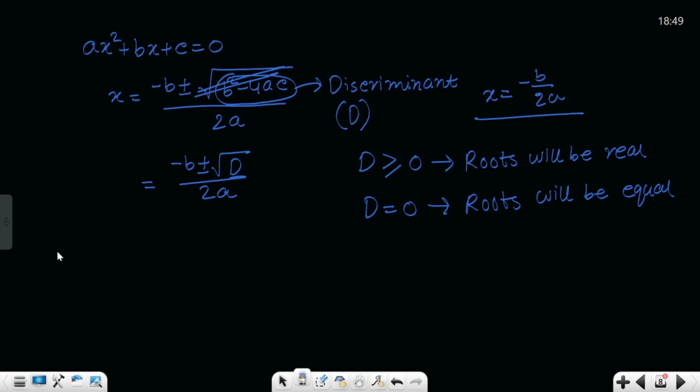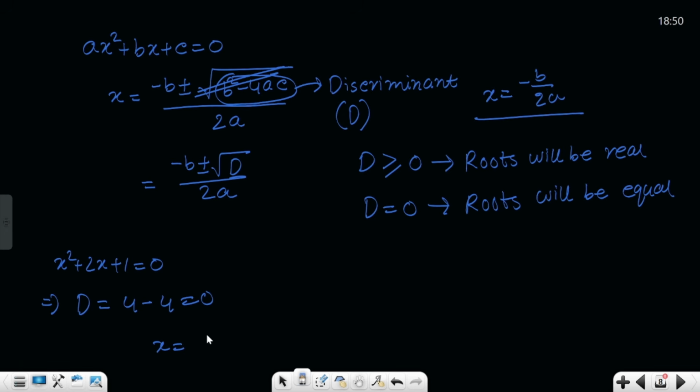Let's take an example. If there is the equation x square plus 2x plus 1 equal to 0, the discriminant d will be equal to b square, which is 2 square, 4, minus 4 into a into c. So 4 into 1 into 1, which is 4, equal to 0. So the discriminant is equal to 0.